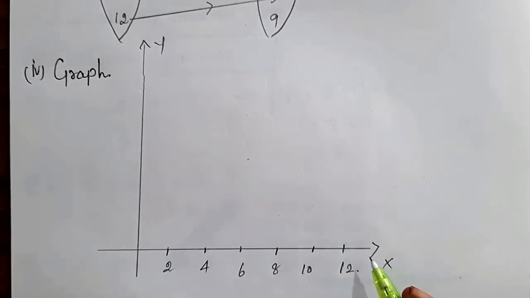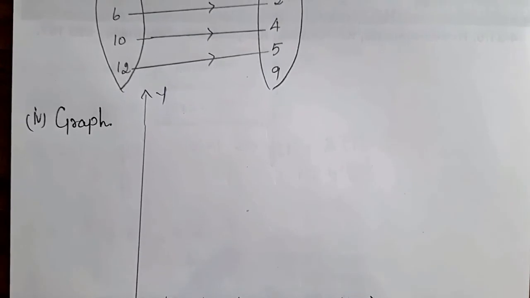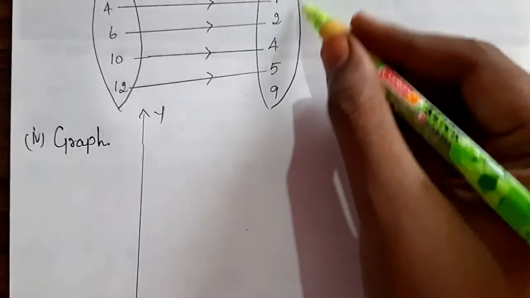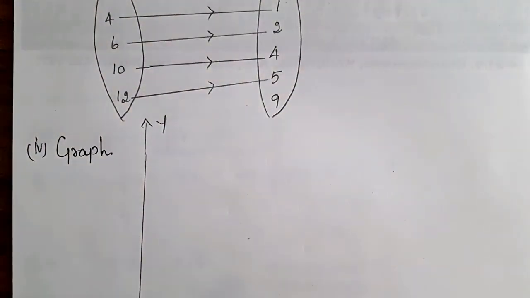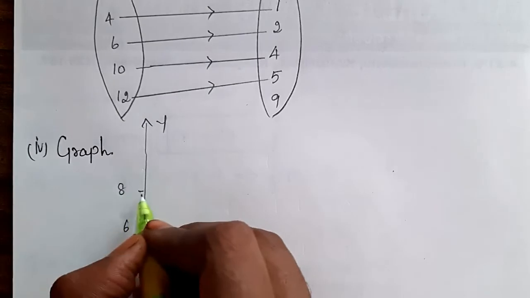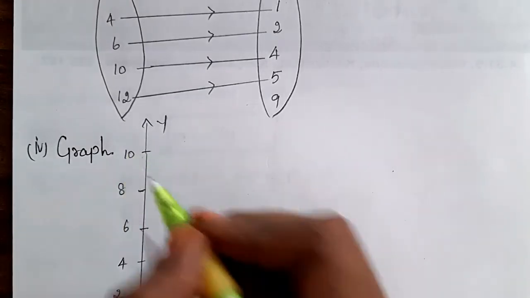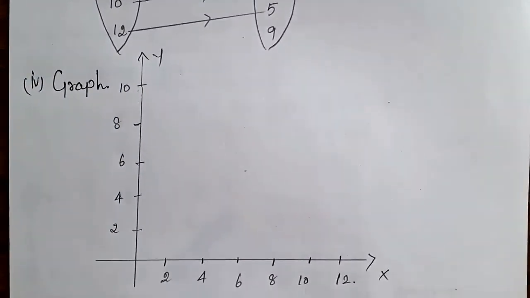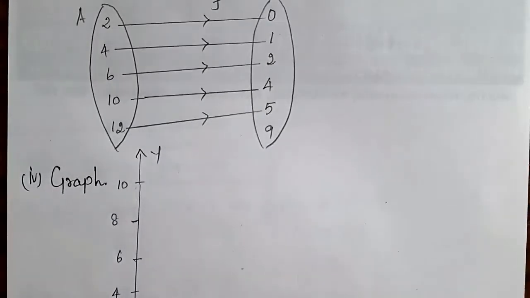In the y-axis, the value is up to 9, so here also I can take two values: 2, 4, 6, 8, 10. Then we can plot the points.